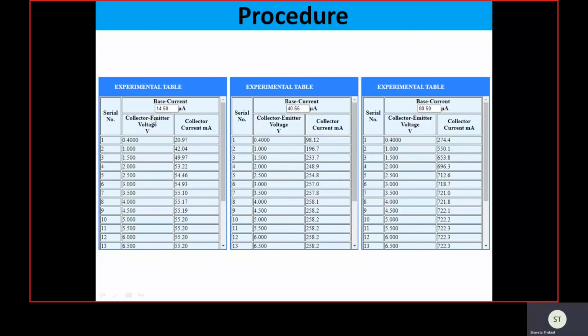For a constant value of VCE, if we see, like if VCE is 6.5 volt for all three cases, and the base current is changing from 14.5 microampere to 40.55 microampere and further to 80.50 microampere, there is an incremental change in collector current also, from 55.20 milliampere to 258.2 milliampere, and further to 722.3 milliampere collector current.